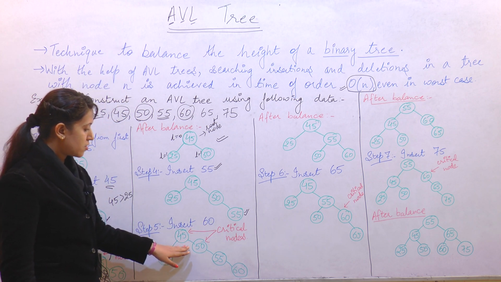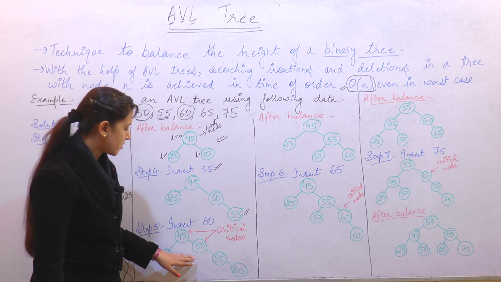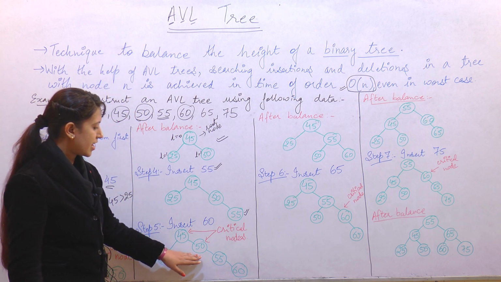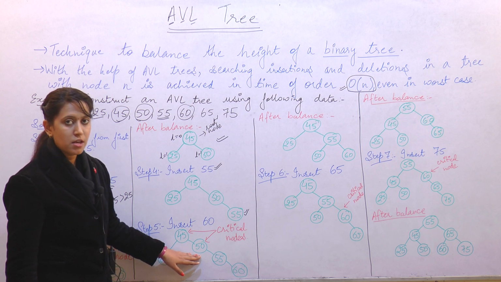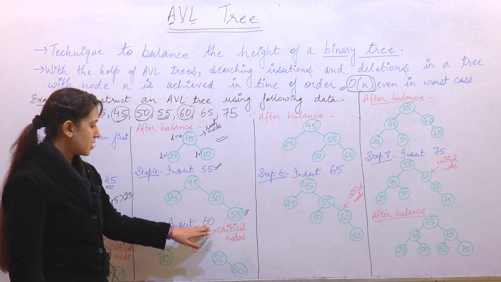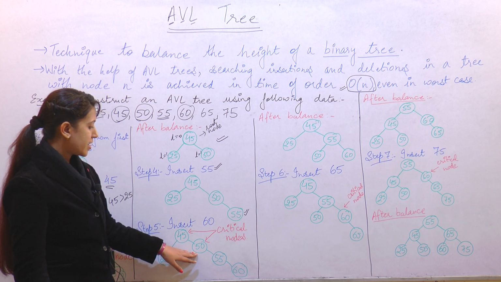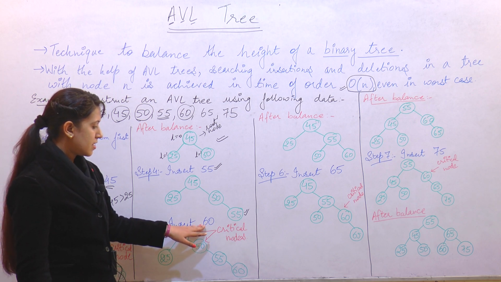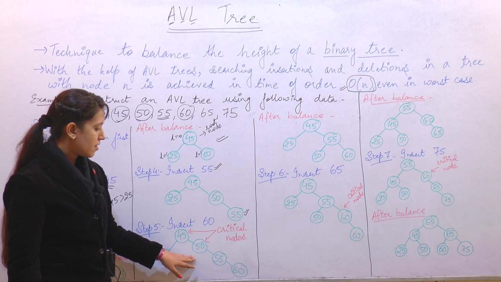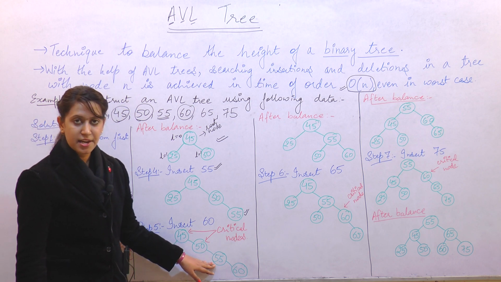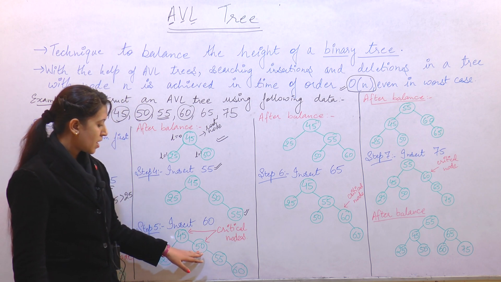Now going towards the right side of the root node 45, there is a next node available, that is 50. So we will compare 60 with the already available node 50. Since 50 is less than 60, 60 will further move towards the right side of the node 50.